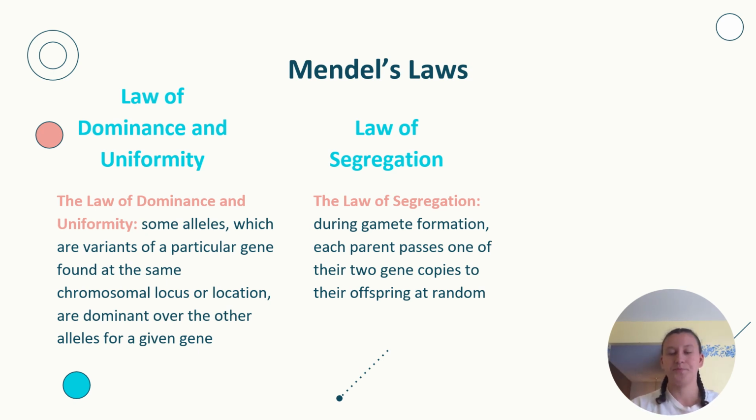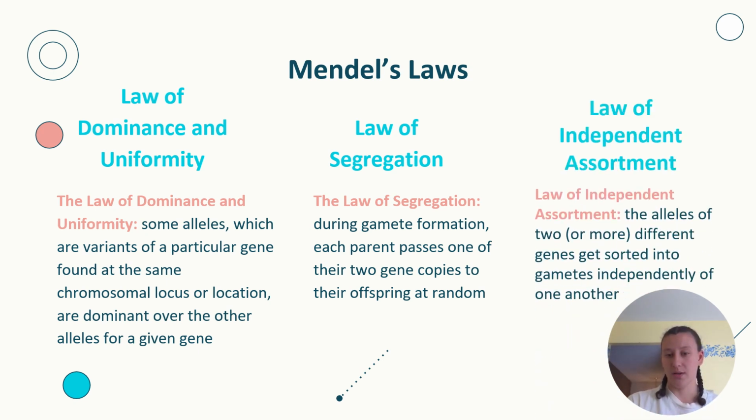It's completely random. And then there's the law of independent assortment, which just says alleles of 2 or more different genes get sorted into gametes independently of one another. So any 2 genes, like the gene for hair color and the gene for eye color, are not related or connected. I just have brown hair color and I have brown eyes, not because those 2 things go together, but because they both just happened randomly for me.